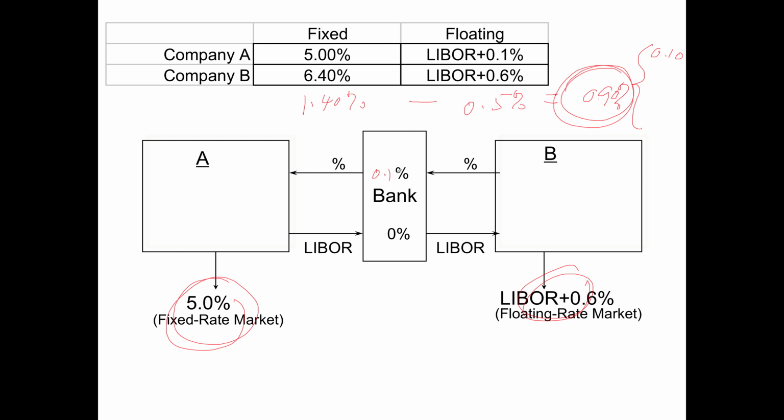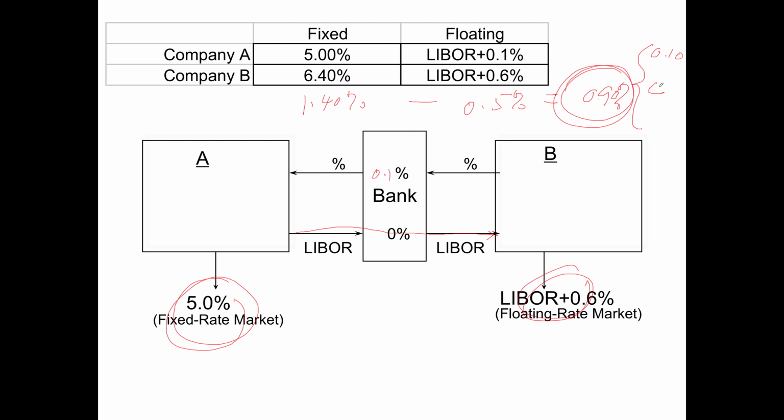Now let's look at how I decide the cash flow between B and the bank. We know the LIBOR rates are all passing through the bank. This one is simple, but for the fixed rate, what is the fixed rate? I do it backwards.